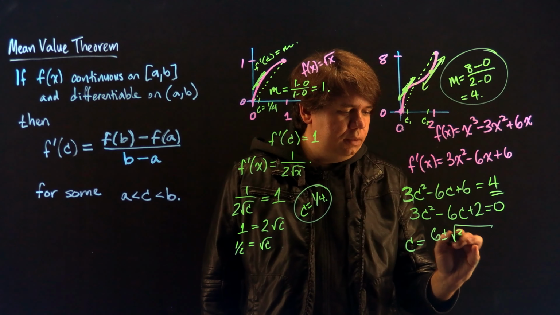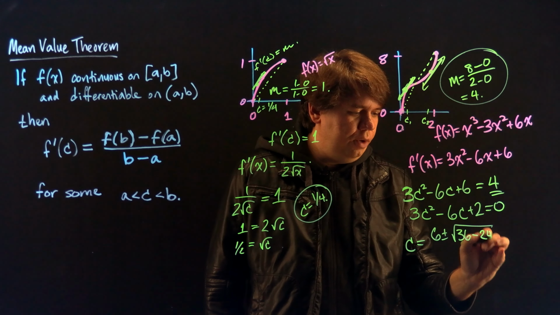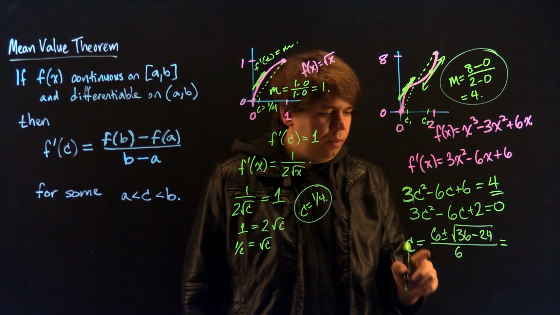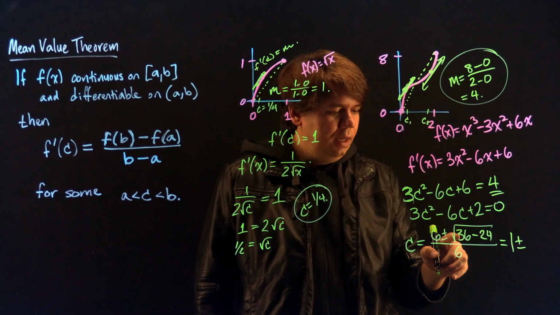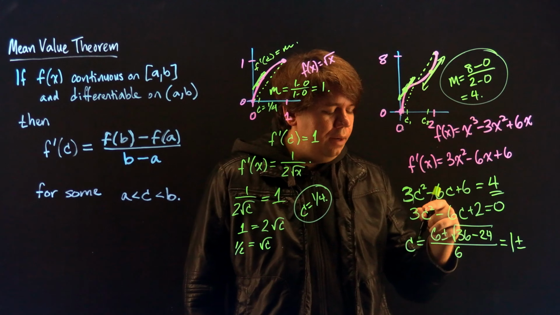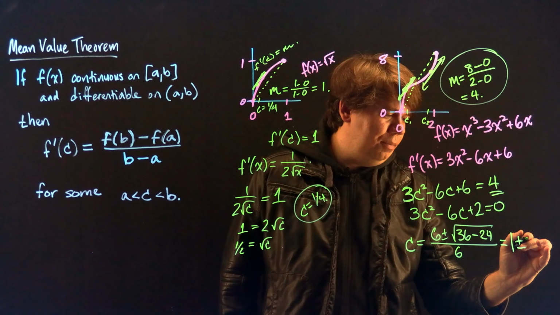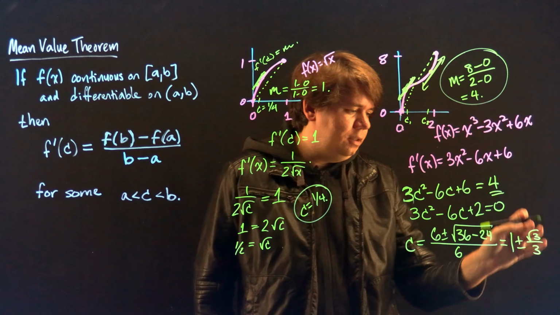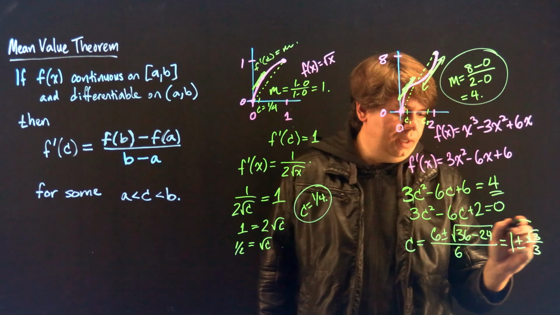So 36 minus 4 times 3 times 2 is 24, all over 2a, which is 6. So what does this give you? 6 divided by 6 is 1. 1 plus or minus the square root of 12. You can pull a 2 out, so that's 2 root 3. So I think that simplifies to something like root 3 over 3. It's the square root of 12 over 6, but I believe that simplifies to root 3 over 3. So here are your values of C.